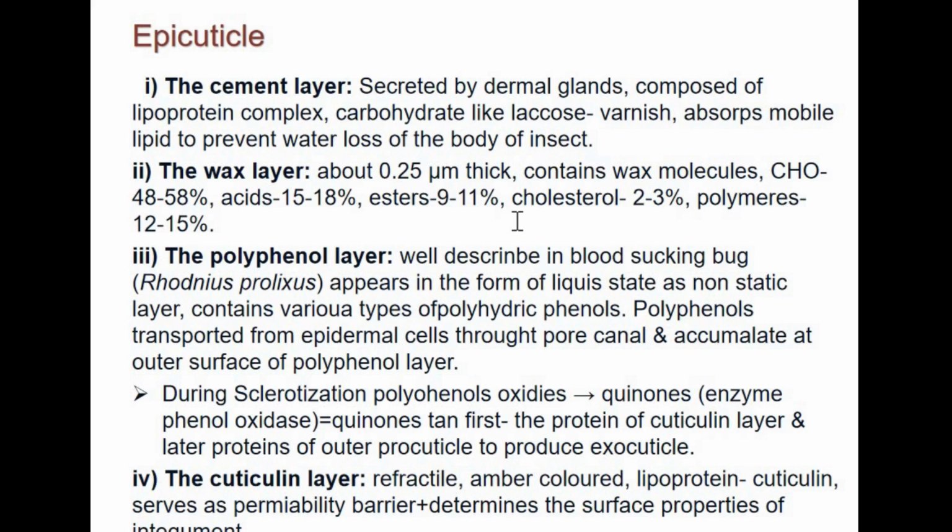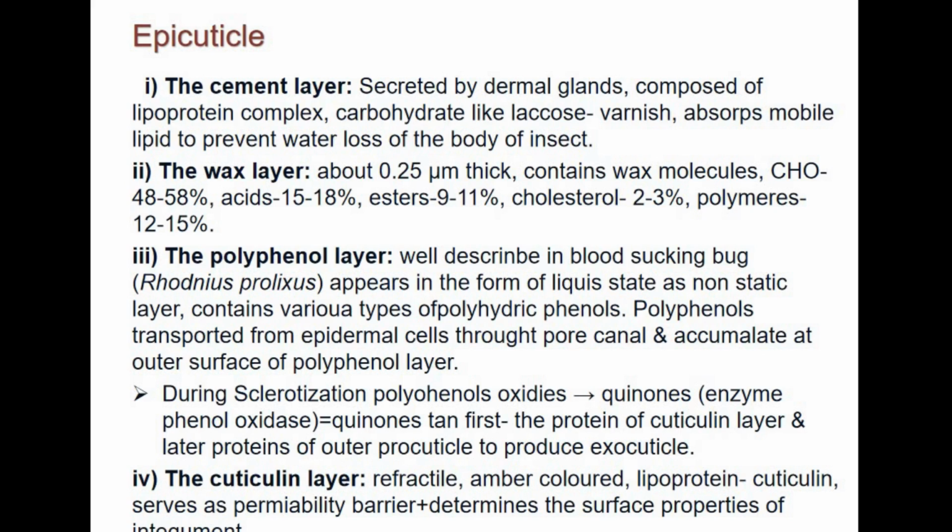The wax layer simply consists of long chain hydrocarbons and esters of both fatty acids and alcohol. The wax layer is a monolayer either in solid or liquid phase, and hydrophilic groups of the molecules are adsorbed on the cuticulin layer.